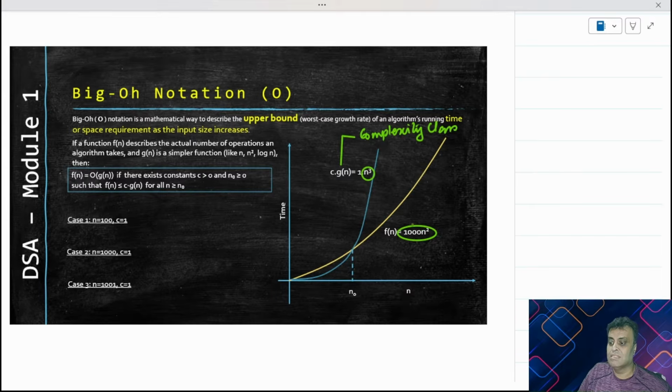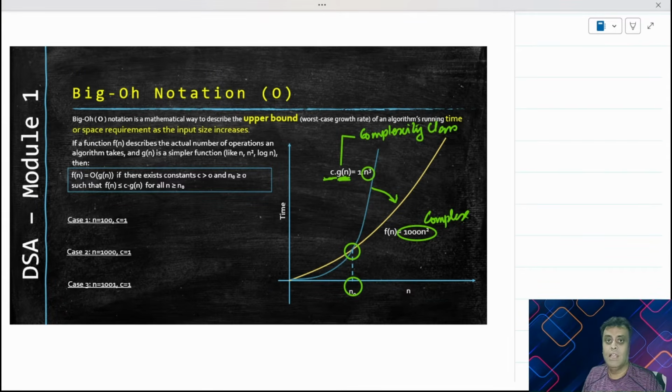In such cases, can you define a simple complexity function along with a constant such that after a particular value of n, which is n naught, c dot g of n will always be greater than your actual function? You had started with this complex function and you could not describe it to the outside world, saying my algorithm is going to have this kind of time complexity.